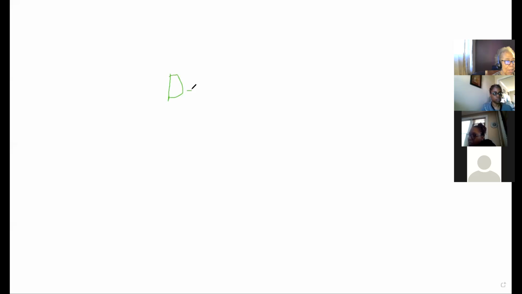Give me an example of a dependent event. This is a dependent event. Now, what does dependent mean? Whatever happens will affect what happens after.